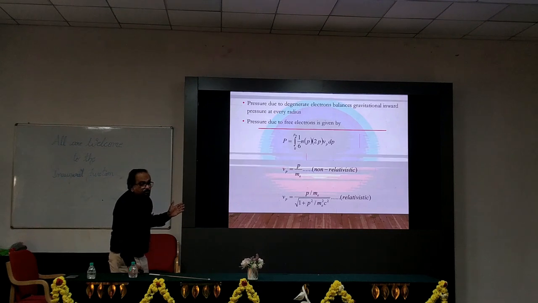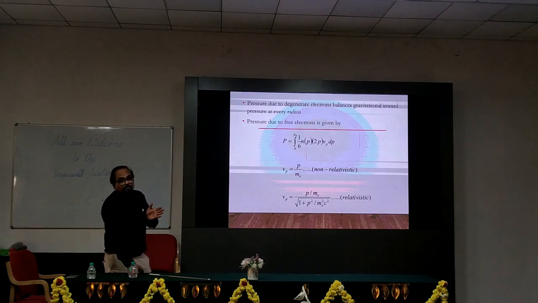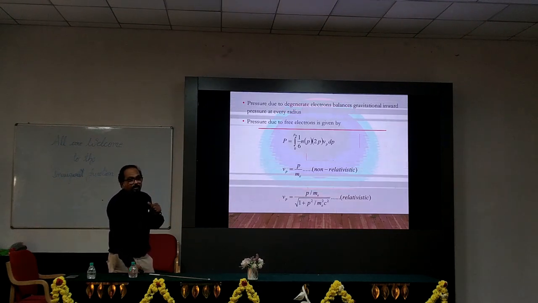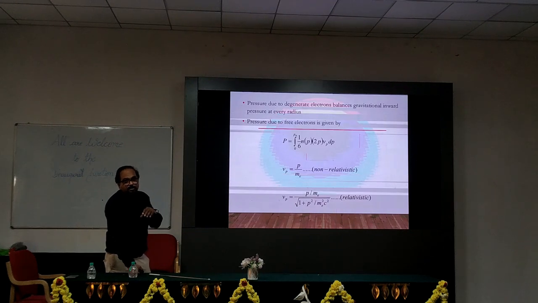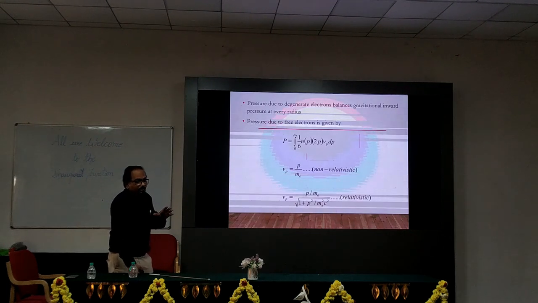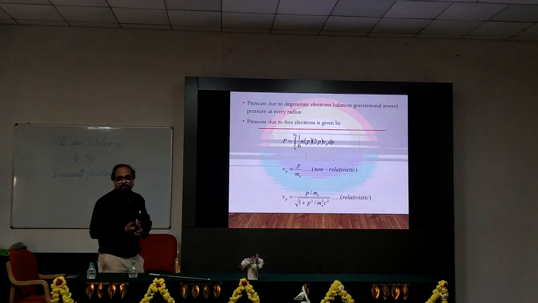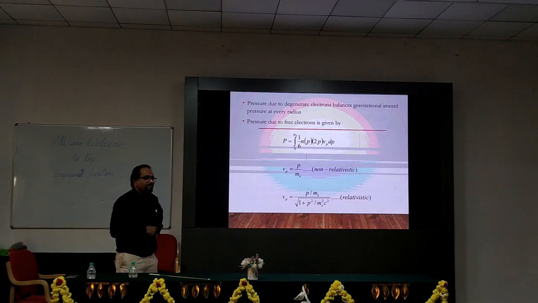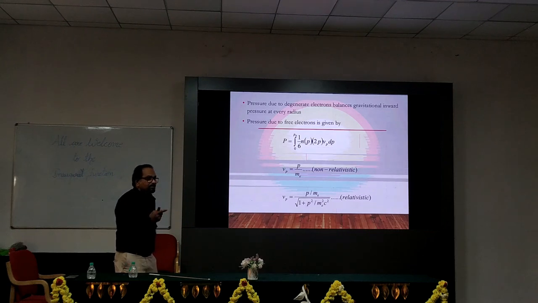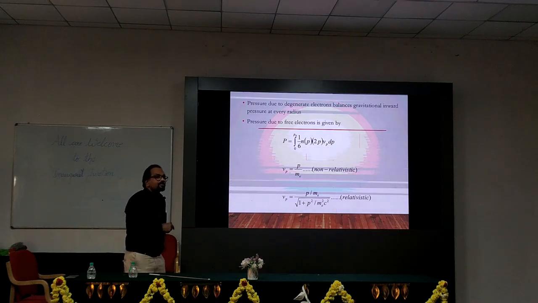You can understand this formula is just a generalization of the kinetic theory formula you must have come across in statistical or thermal physics, pressure equal to 1/3 mn c square.